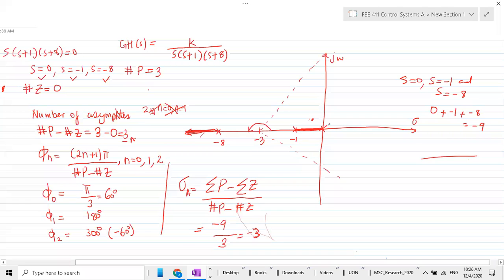We have 1, 2, 3. How many zeros? We don't have any zeros. So that's how we get the minus 3. And then you draw your angles, like one is 60.